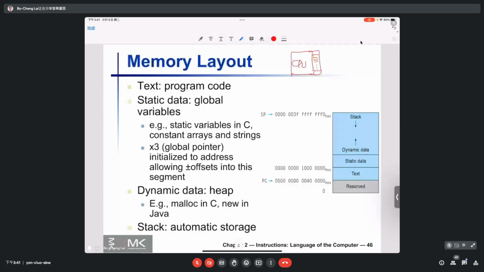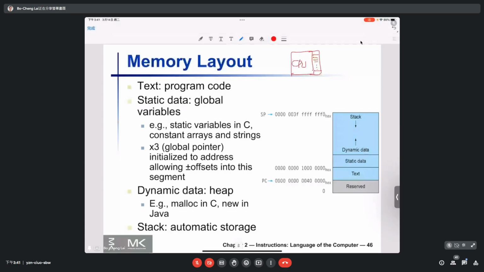It's the same as what I drew before in the previous slide. The one on the right, that figure is the memory layout, how memory is used, which address is used for what. So the CPU can load or store data to the memory, or load data from the memory.